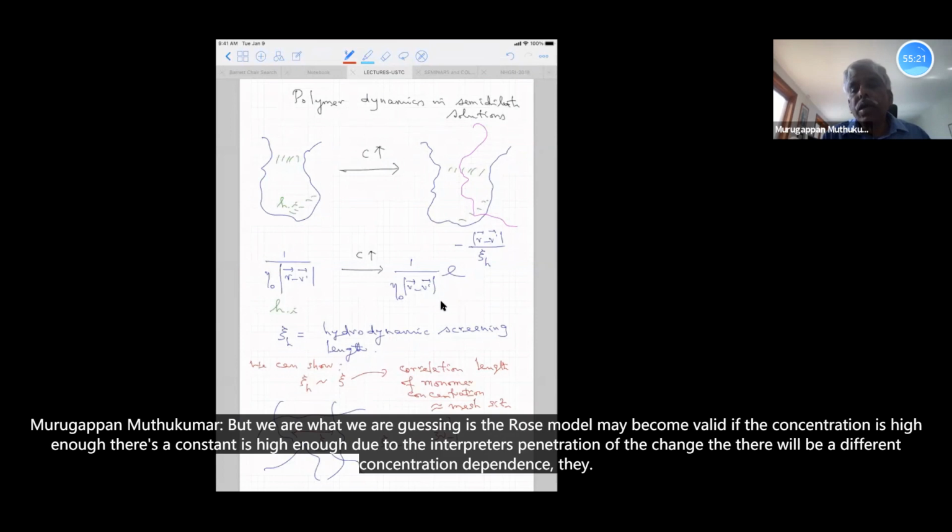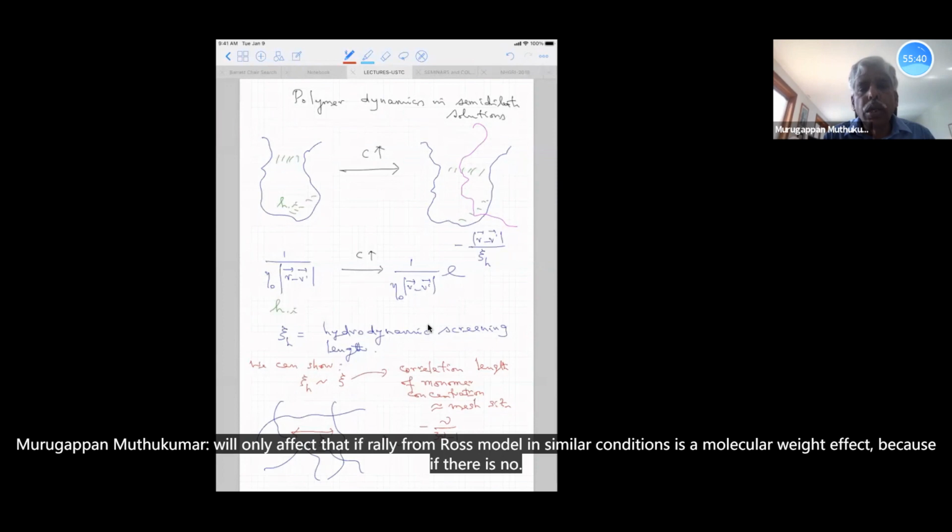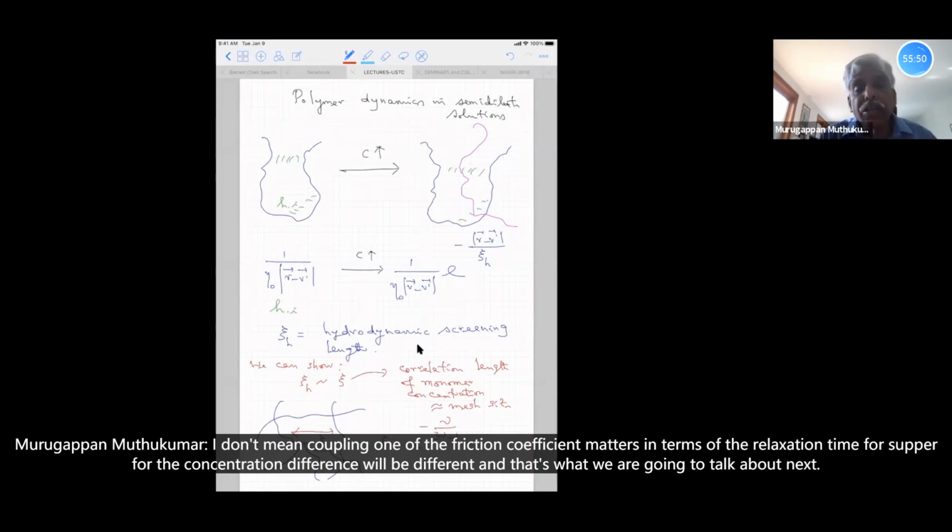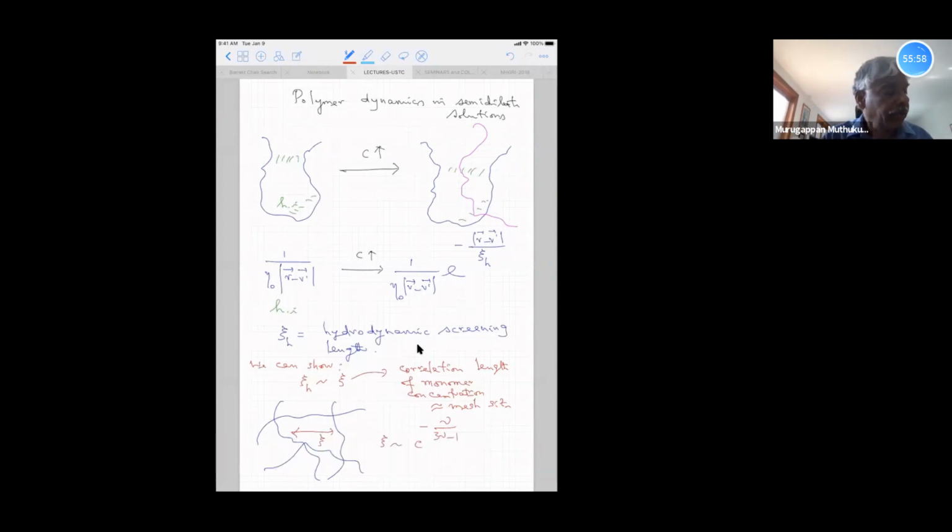But what we are guessing is the Rouse model may become valid if the concentration is high enough, and due to the interpenetration of the chains, there will be a different concentration dependence. The only effect that is valid from the Rouse model in semi-dilute conditions is a molecular weight effect, because if there is no hydrodynamic coupling, only the friction coefficient matters in terms of the relaxation time, etc. But the concentration dependence will be different. And that's what we are going to talk about next.